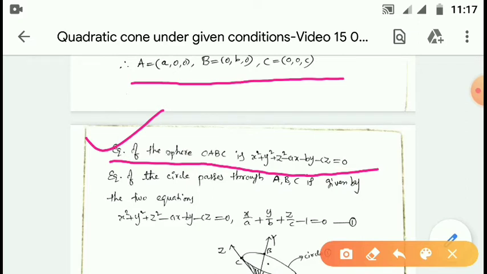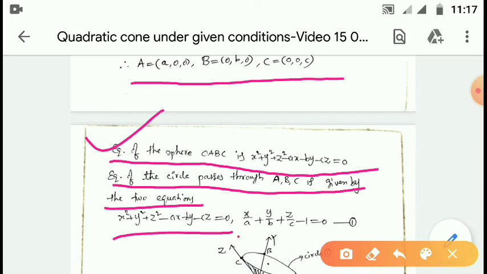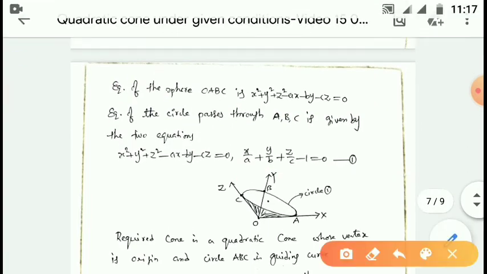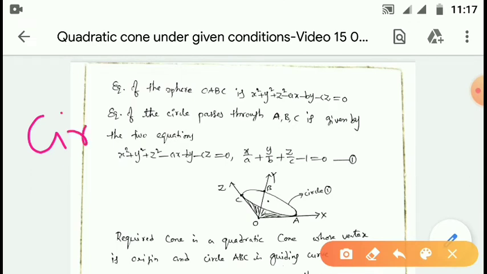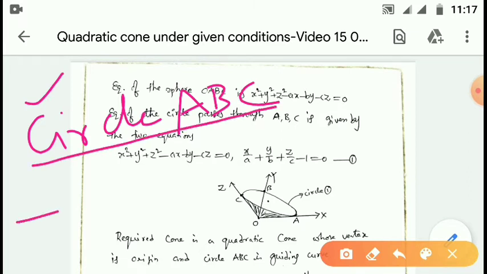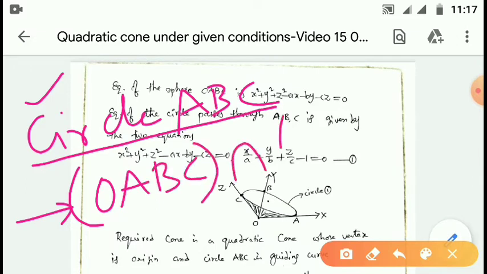The equation of the circle ABC is given by two equations: one is the equation of sphere OABC and the other is the equation of plane ABC.